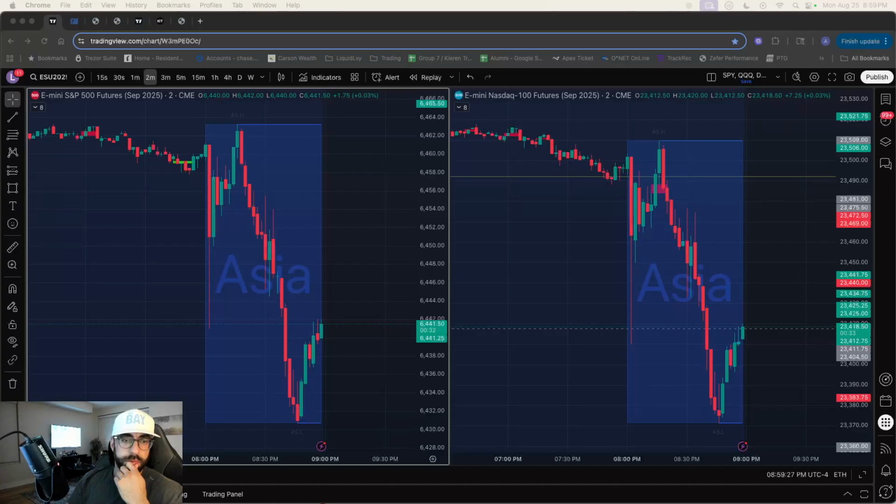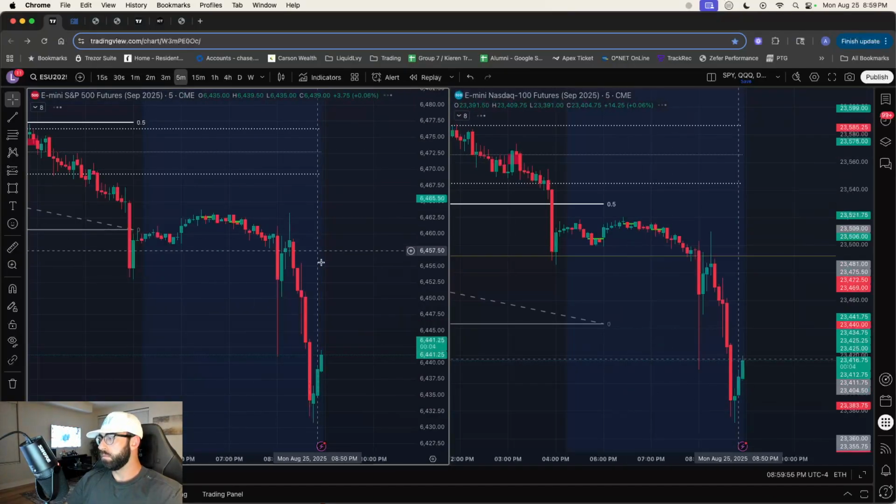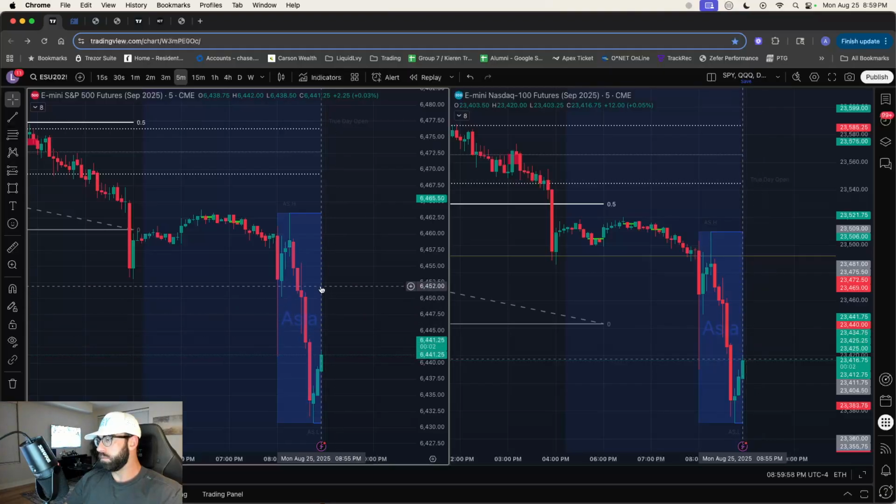I don't know if you guys are familiar with the term AMD, also known as accumulation, manipulation, and distribution. We just need NQ for this one. Let's see an example. Typically we get an AMD during market open.